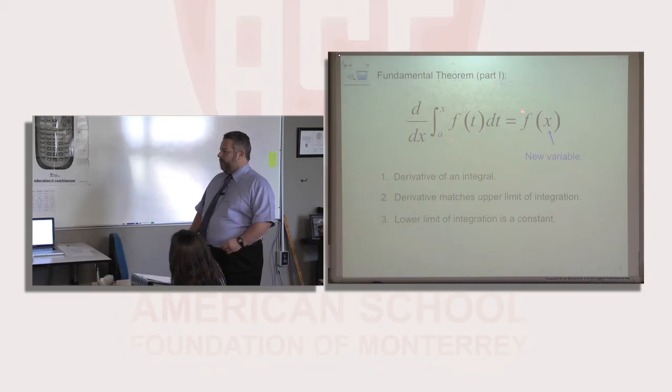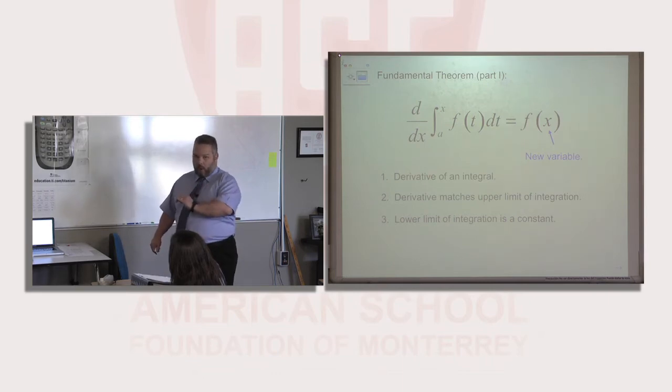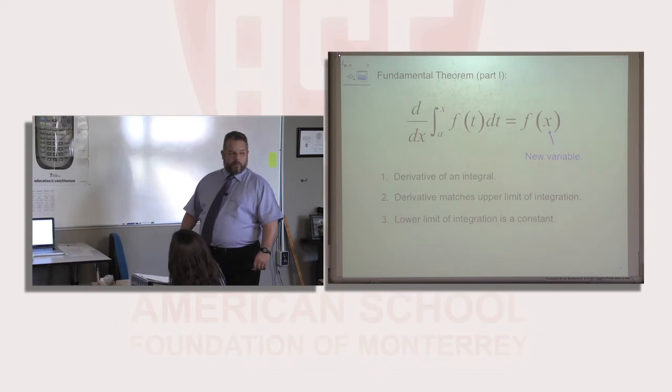F at t goes to f at x. That's the whole thing. Understanding what it means is a little more difficult, but actually doing it is pretty straightforward. If we meet these three criteria, then the answer is just f at t with t replaced by x.